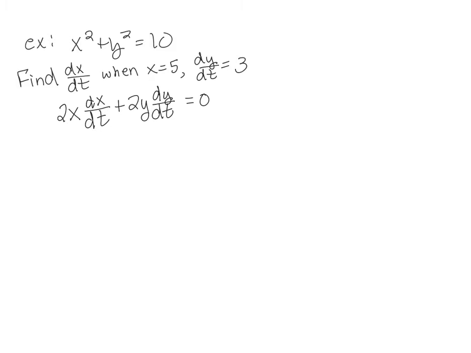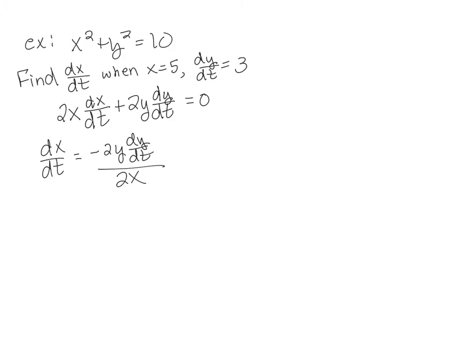So now let's look at what we need. We want to solve for dx dt, and then we're going to plug in values for the x and the dy dt and see what we get. So dx dt will equal minus 2y dy dt divided by 2x.